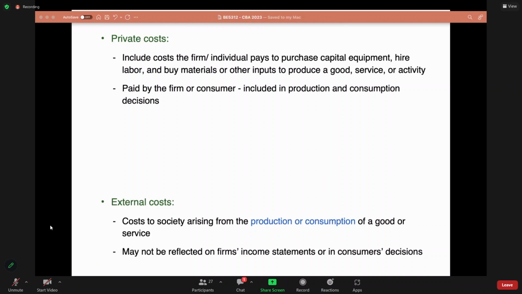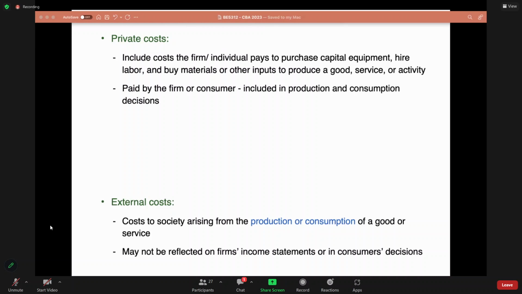These are things that the customer, client or consumer will pay. On the other hand, the external costs are the things that other people, society in general, will experience because of the production or consumption of a particular good or service.